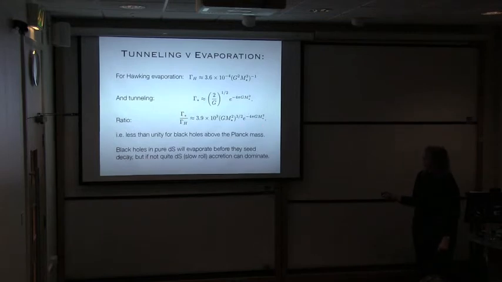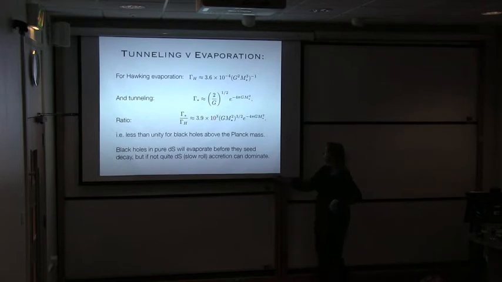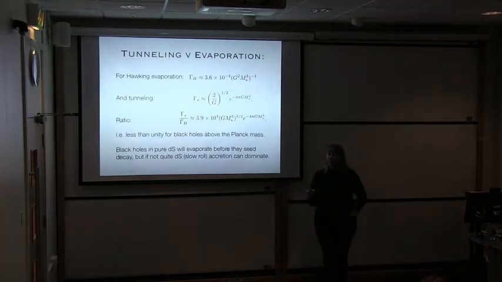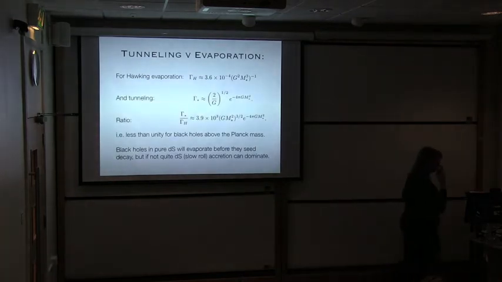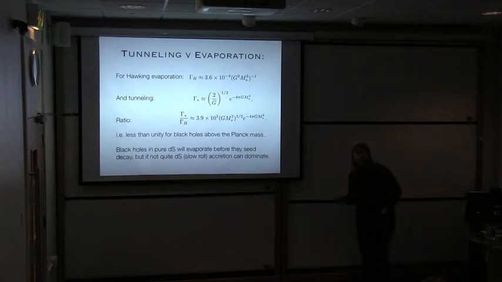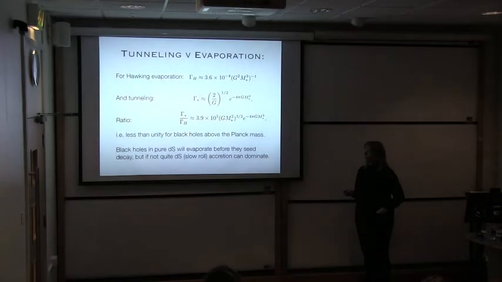And what you see is that although you've got a nice prefactor here, it's actually not above the Planck mass, but above about 3 times the Planck mass, this ratio becomes less than unity. It peaks at just below Planck mass black holes at about 39. But clearly it's something to worry about, that you need very close to Planck scale black holes before you can say for sure that the nucleation rate will beat evaporation.